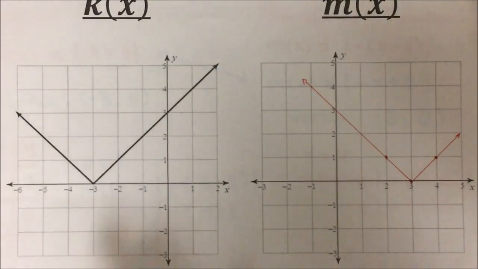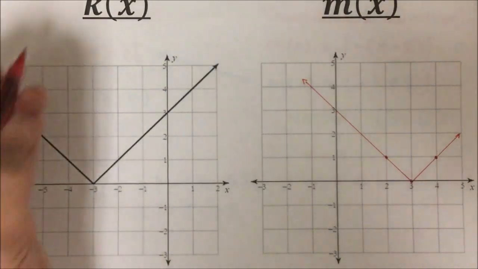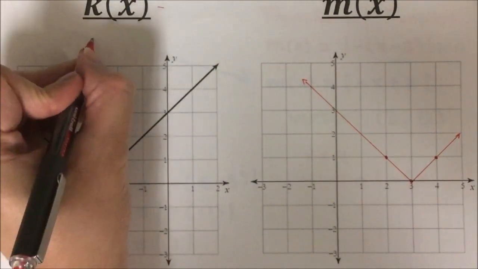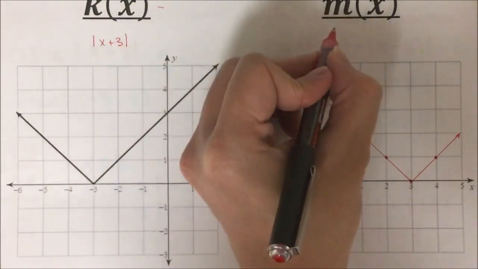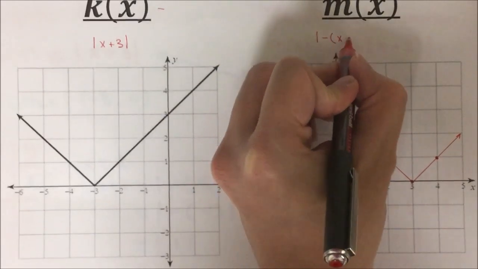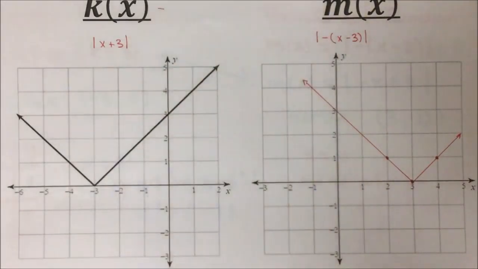Alright, so the graph on the left, k of x, that's the original graph, where it was, let me write right here, absolute value of x plus 3. Whereas for m of x, it's the absolute value of negative parenthesis x minus 3, close parenthesis, and then close absolute value.